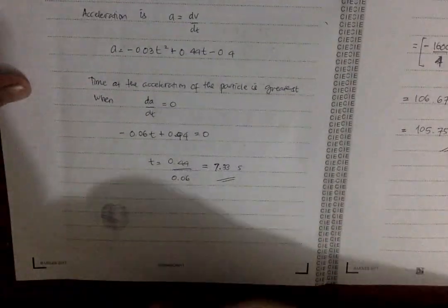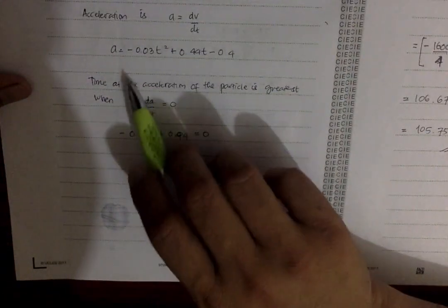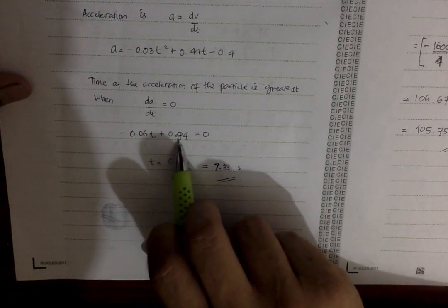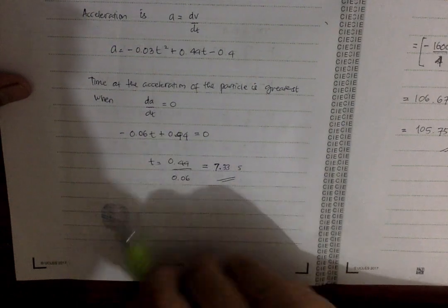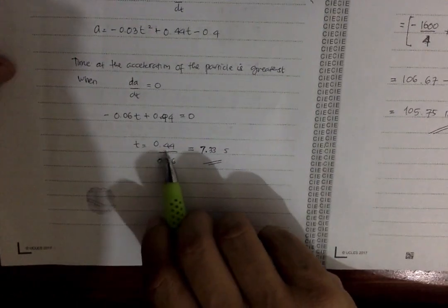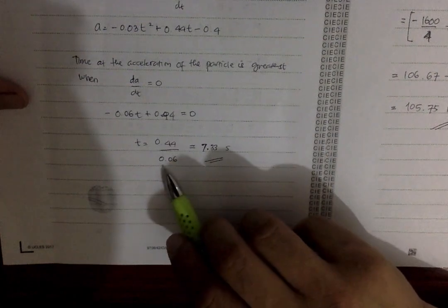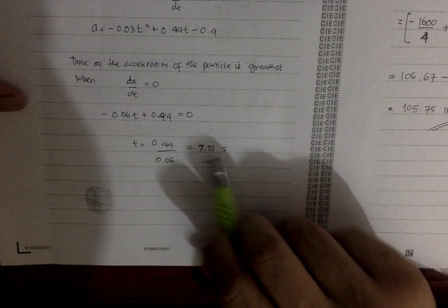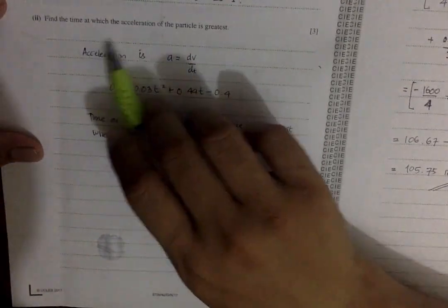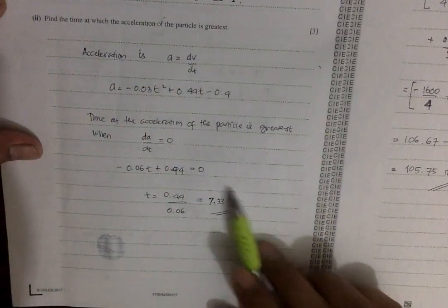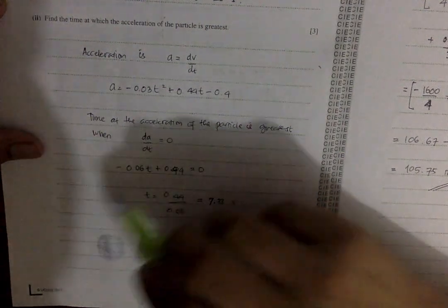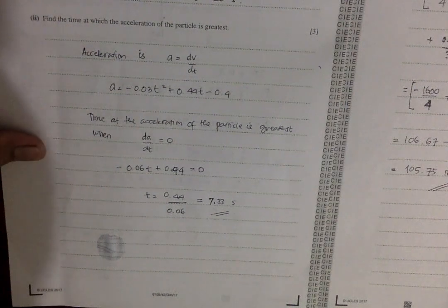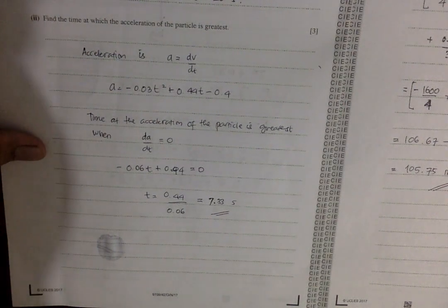If we differentiate this equation, it becomes minus 0.06 t plus 0.46 equals 0. So we get t equals 0.46 divided by 0.06, which is 7.67 seconds. This is the time at which the acceleration of the particle is greatest.